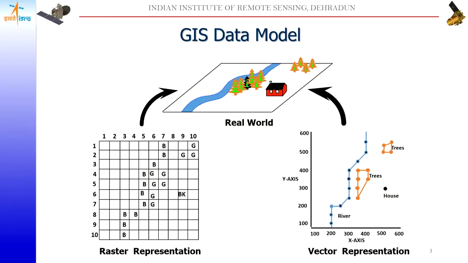In the vector mode, because of its good aesthetic sense, maps are generally depicted in the form of vectors. The topology can be represented, and network based operations can be easily done using the vector based model. However, the complexity is more because the topology and intersections have to be considered when we are performing those vector based operations.